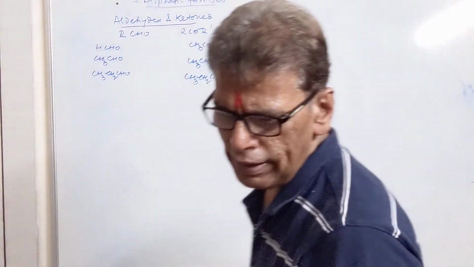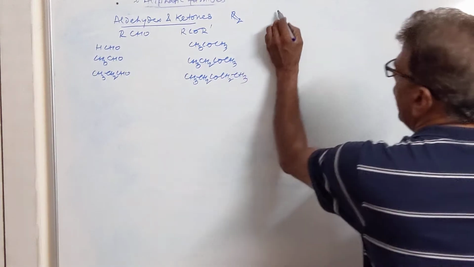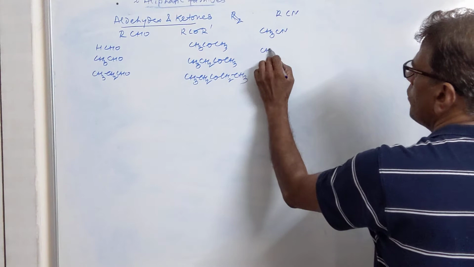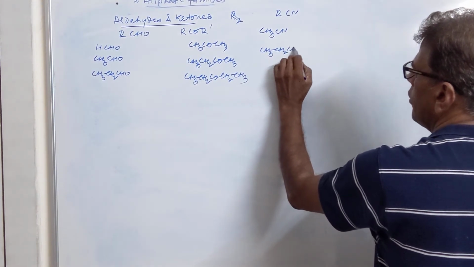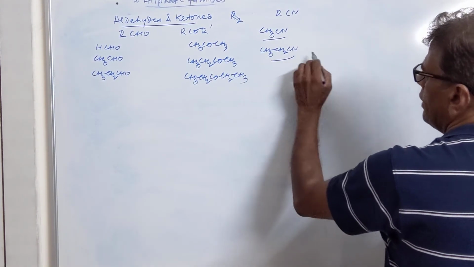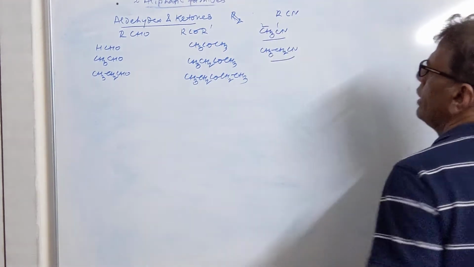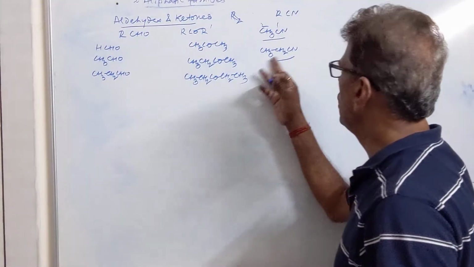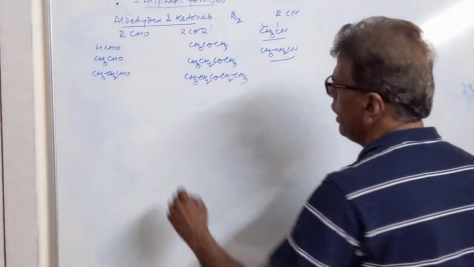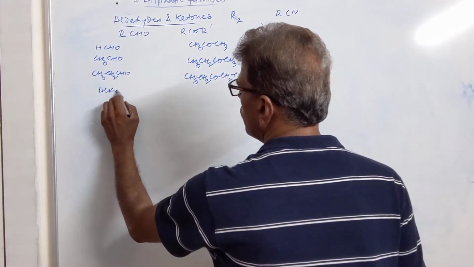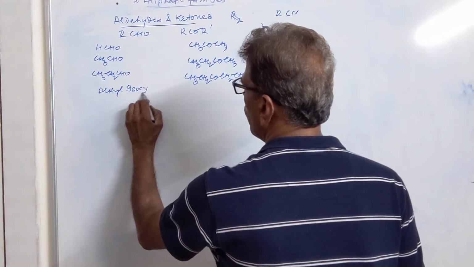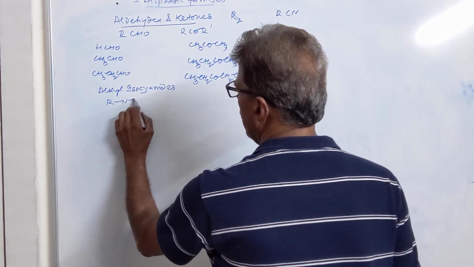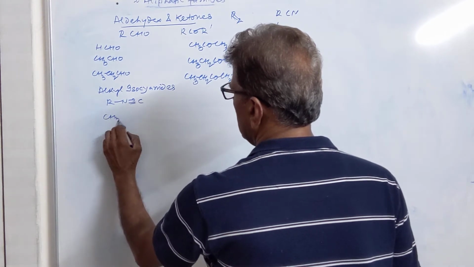Then we have alkyl cyanides, RCN. First member CH3CN, second member CH3CH2CN. Common name methyl cyanide, ethyl cyanide. IUPAC name ethane nitrile. Cyanides are called as nitriles IUPACically. This is propane nitrile. Then we have alkyl isocyanides, RNC, CH3NC.